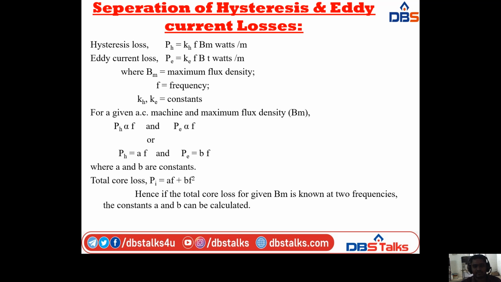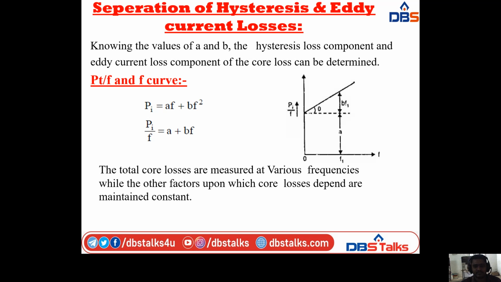Knowing the values of A and B, the hysteresis loss component and the eddy current loss component of the core loss can be determined, since the hysteresis loss is equal to AF and the eddy current loss is equal to BF squared.